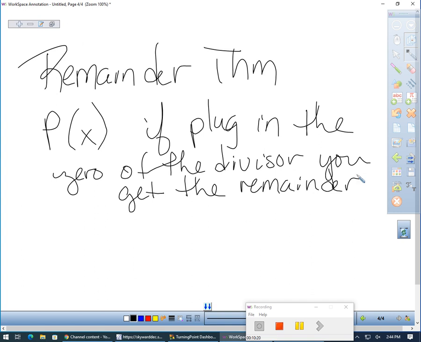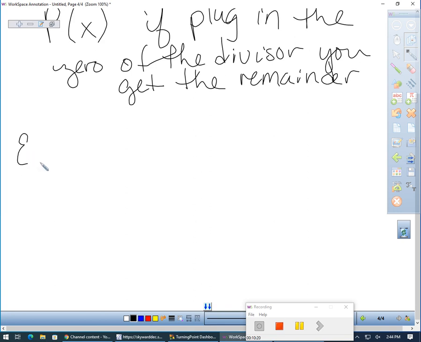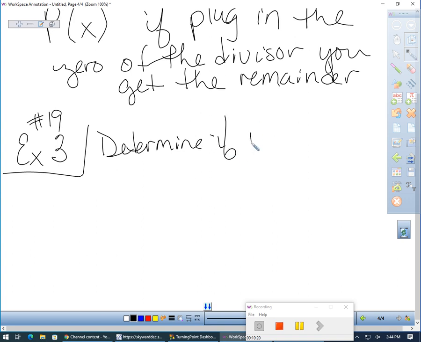All right, so for example, this is where I want to start. Example number 3. This is what I want you to go back and do for number 19. I know you did it yesterday already once. I want you to do it again this way. I need to determine if it is a factor.